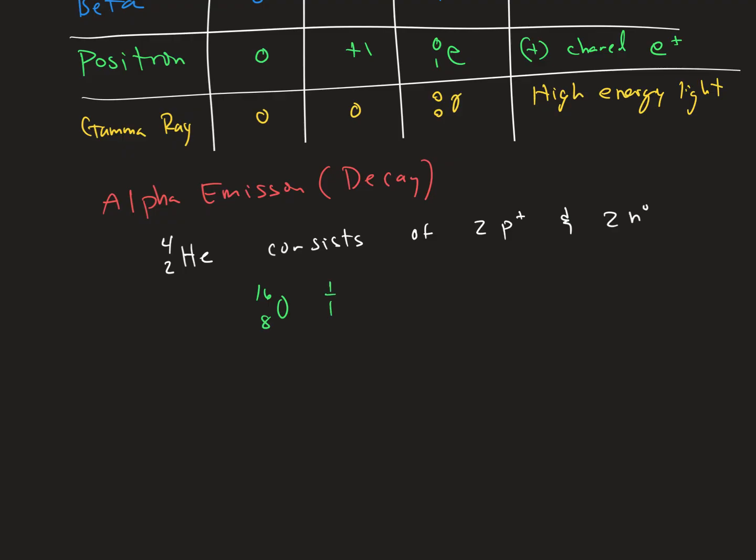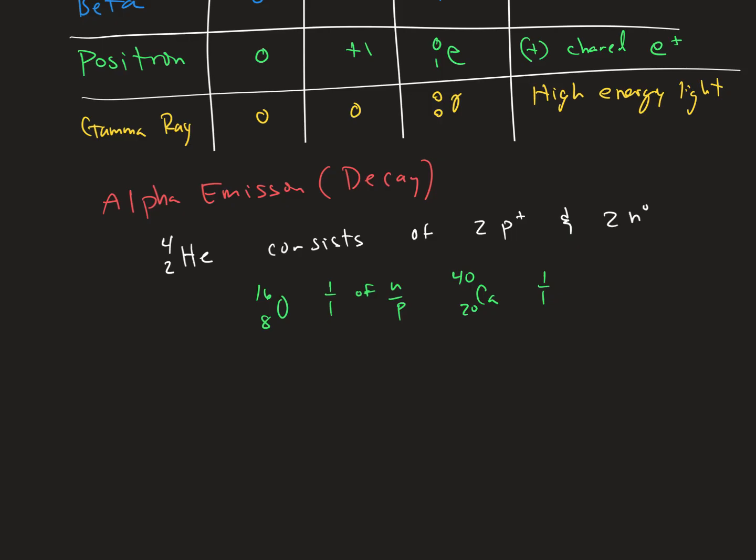That's a 1-to-1 ratio of neutrons to protons. If we look at calcium, its mass number is about 40 and it has 20 protons. What's its ratio of neutrons to protons? 1-to-1. It turns out a 1-to-1 ratio or close to it makes it a stable isotope.